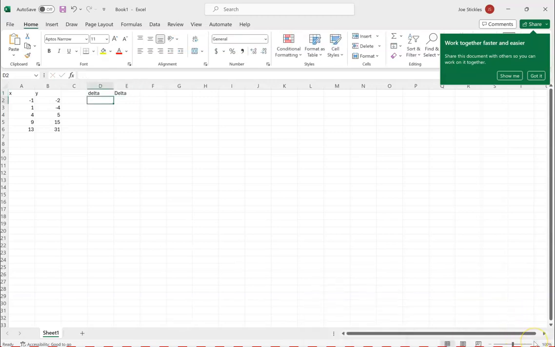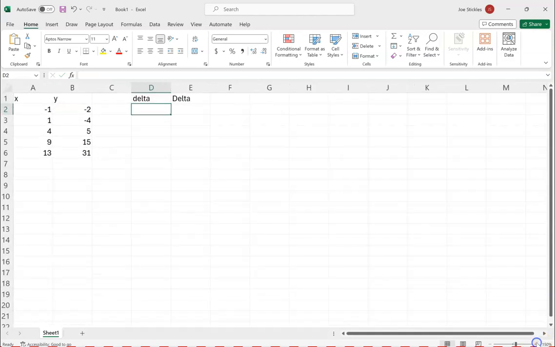Sorry about that. Like I said, lots of oops today. So all I did there was just type in the points that we started with. The X is negative 1, 1, 4, 9, and 13. The Y is negative 2, negative 4, 5, 15, 31.